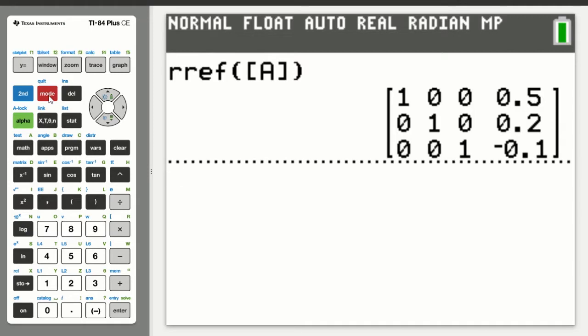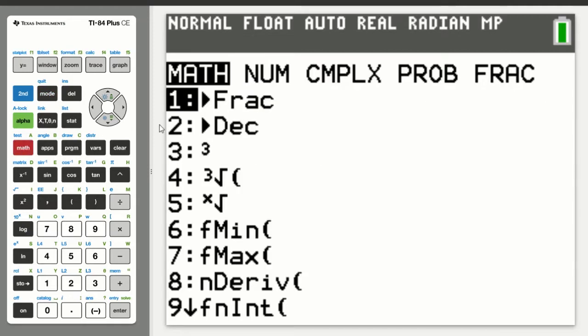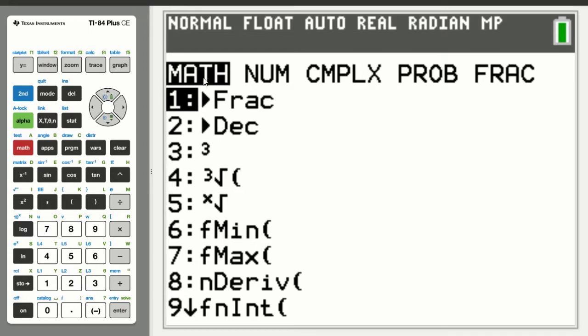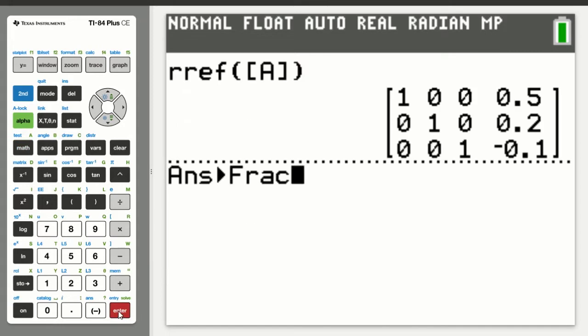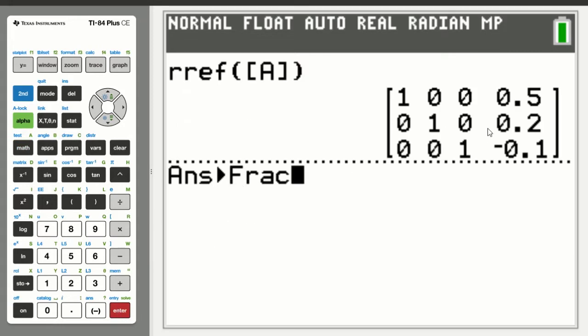But we're going to go to Math. Then you see right under that Math submenu, option number 1, Fraction. I'm going to select that. That means whatever the current answer is, I'm going to turn all of that into a fraction. Surprisingly, your calculator is strong enough to take the whole matrix as an answer and turn every entry from a decimal into a fraction.